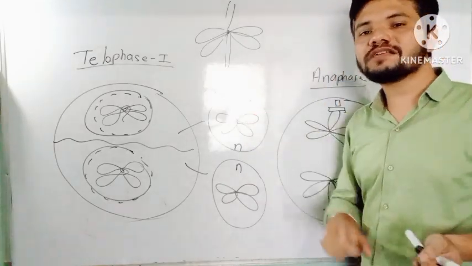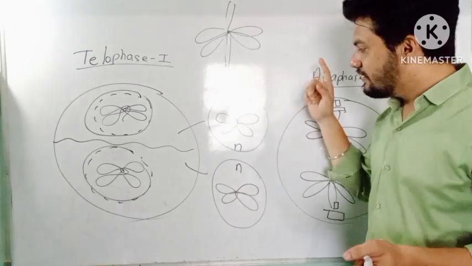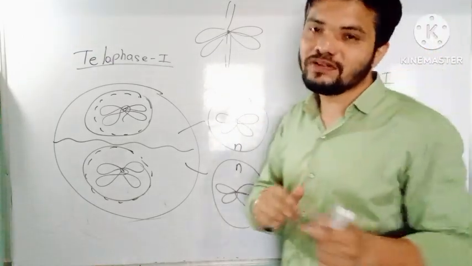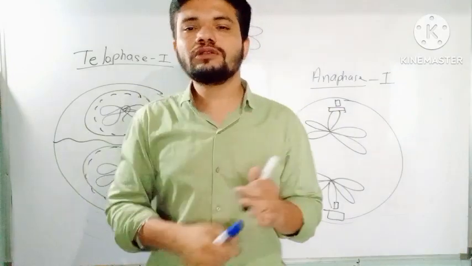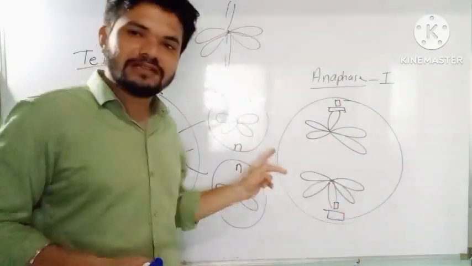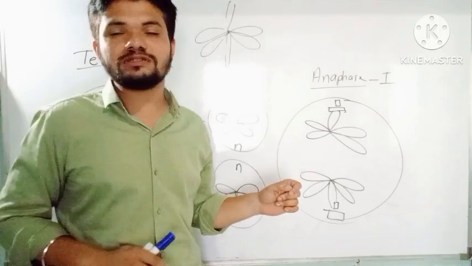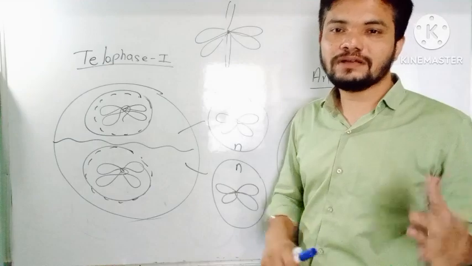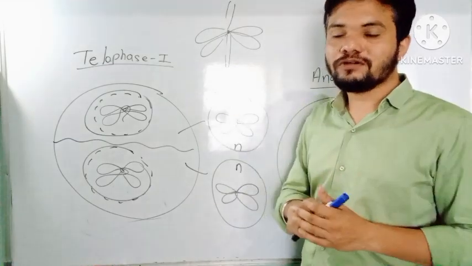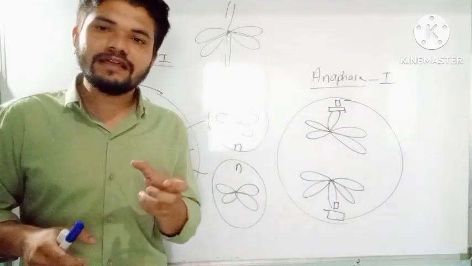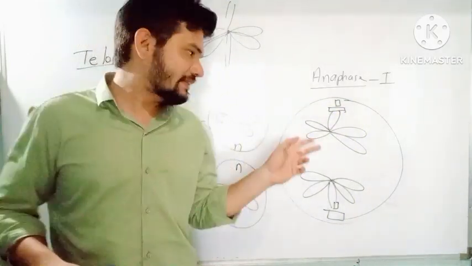These sister chromatids will be separated in meiosis 2, and this will lead to the production of two daughter cells from each of these cells, and those cells will also be haploid, but those cells will have half the DNA content of these cells.